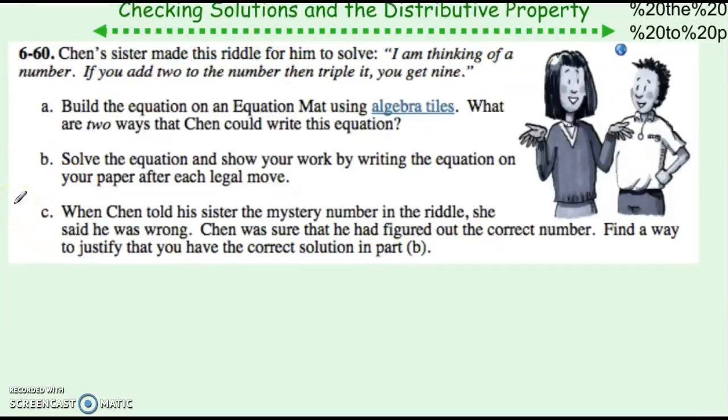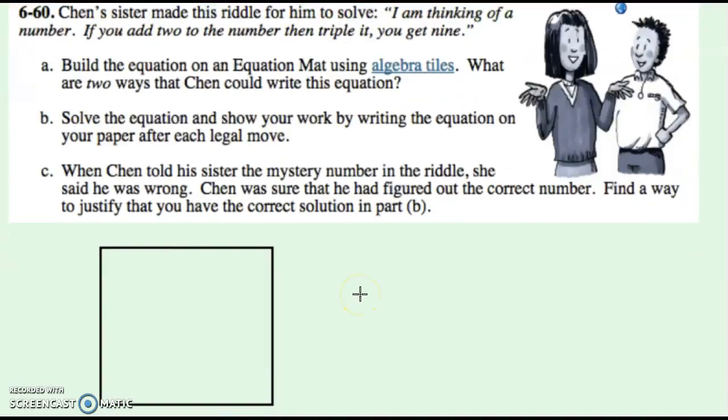Okay, so I am going to make an equation mat, just using a square. And I need to create this equation using algebra tiles. So I'm thinking of a number.